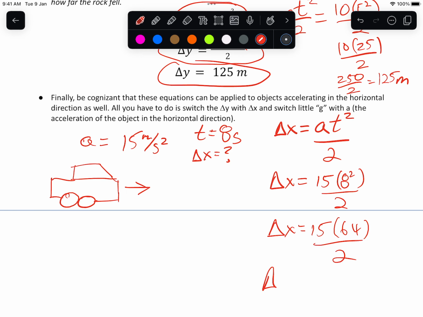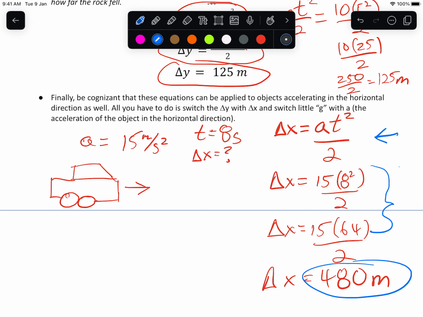And that whole answer, if I pop that into my calculator, is 480. And it's a change in x, so that is meters. Again, I have my equation, I have my working, which is all of this, and then I have my correct answer with units.